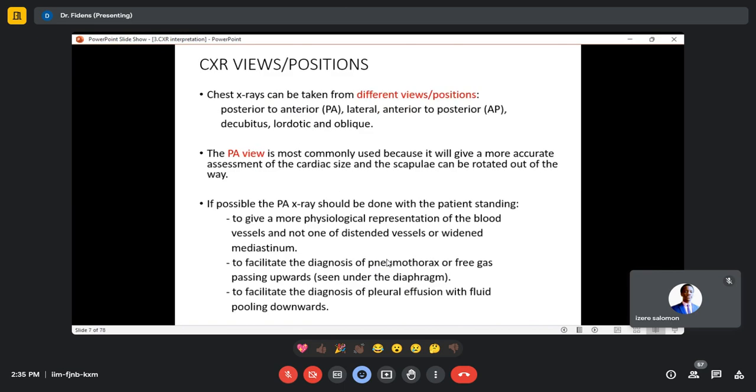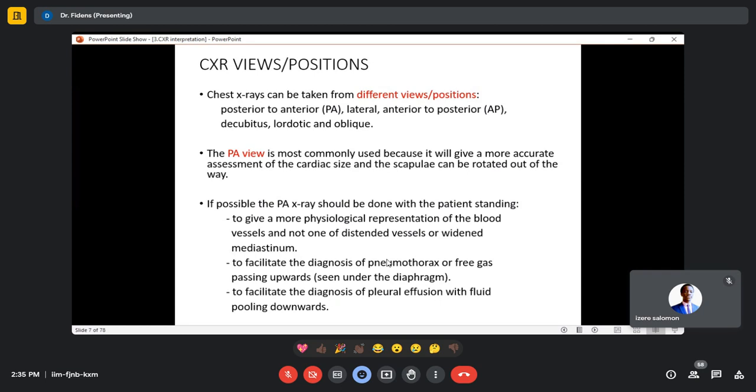Okay. The positioning and the views, you have seen them in the morning. I remember I told you that the posterior and the lateral are the ones we commonly use for chest radiography. And you know the reason why we do anteroposterior AP. You know the reason why you do the decubitus, lateral decubitus, lordotic, and the obliques.